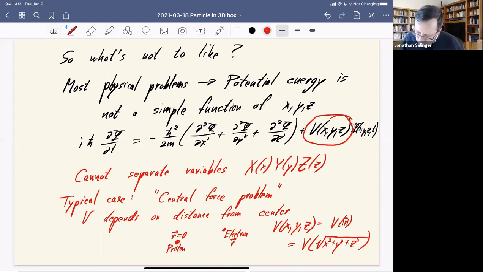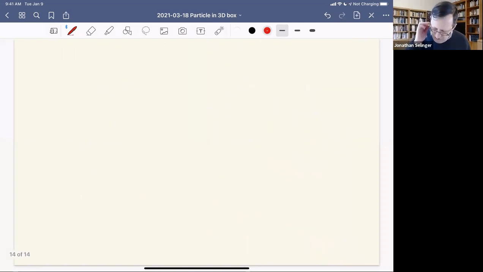Let me just show an example of that, okay? And so if we tried to put in that sort of thing, we would get i h bar, and here on the left, a function of x times a function of y times a function of z times d phi dt, okay?